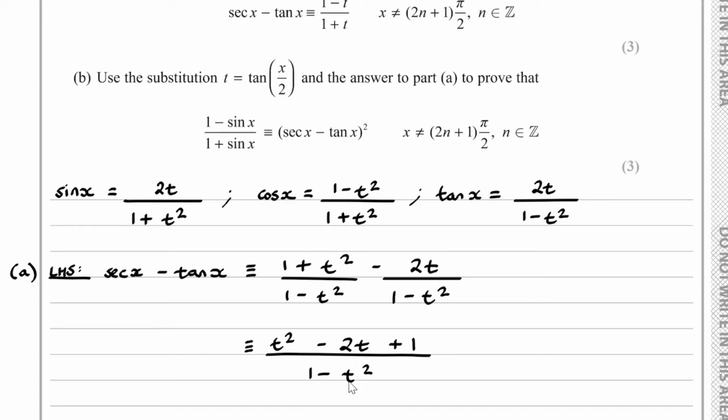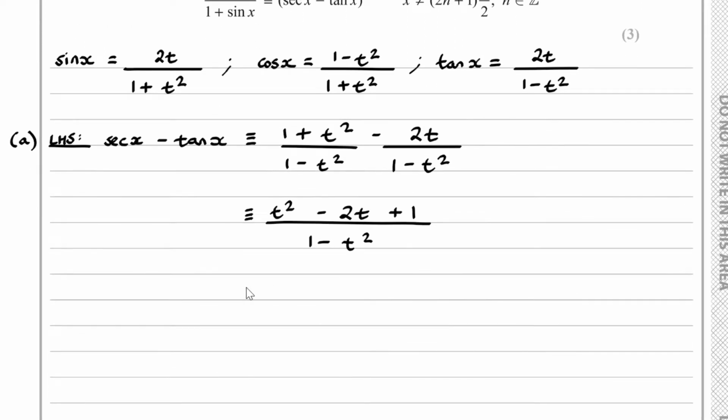If we factorize the top and the bottom, t squared minus 2t plus 1 is the same as (1 minus t) all squared, and on the bottom 1 minus t squared, we can write that as a difference of two squares: (1 plus t) lots of (1 minus t).